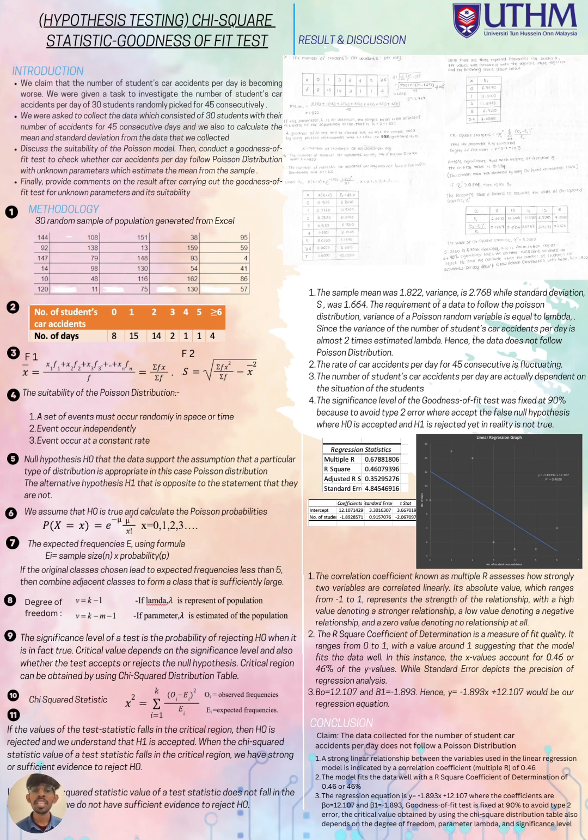A requirement for data to follow the Poisson distribution is that the variance of a Poisson random variable equals lambda. Since the variance of the number of students' car accidents per day is almost 2 times the estimated lambda, we can say that the data does not follow the Poisson distribution.